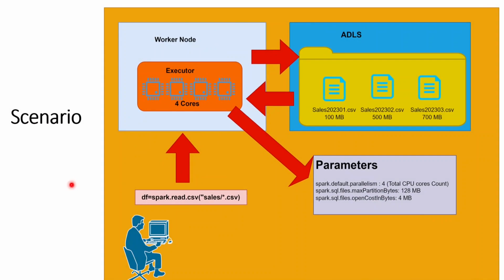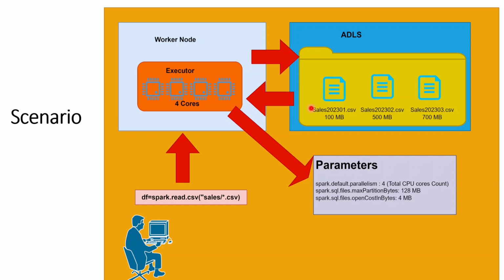Right. So I'm going to give you some scenario. Let us assume one of the developers, in the development environment, is passing a Spark application to the cluster. It is spark.read.csv, reading sales data. Within that, we have three CSV files under a sales folder. We have one sales folder under an ADLS location.